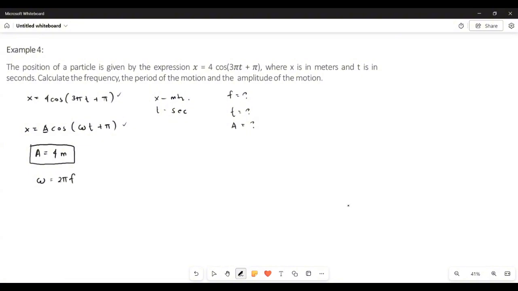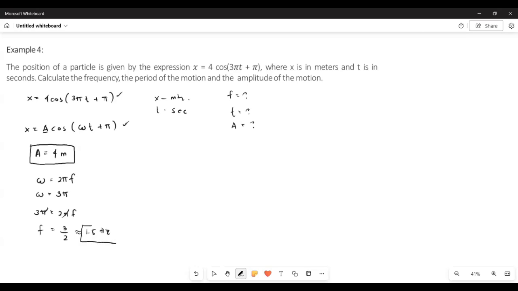And as you can see, if i-connect natin yung given natin sa taas sa ating formula, we could say na yung omega o yung angular frequency is equal sa 3 pi. So 3 pi is equal to 2 pi f. Cancel yung pi both sides. Therefore, f is equal to 3 halves or equal siya sa 1.5 hertz.